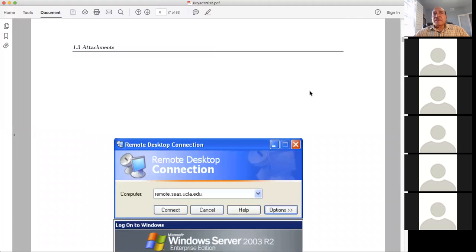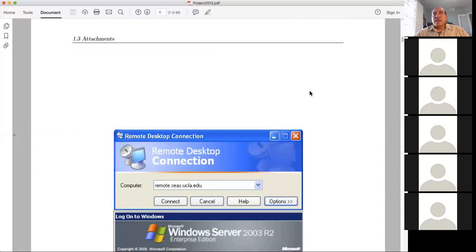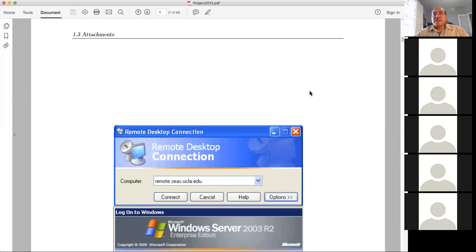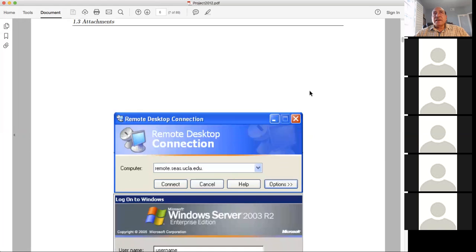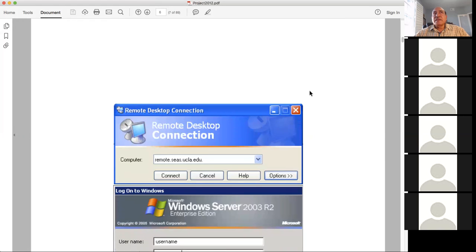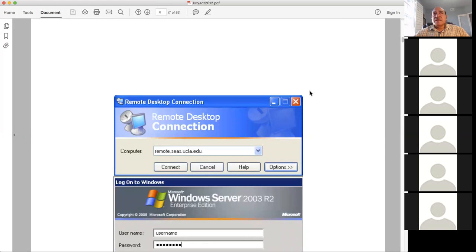Then you have to establish an account in CSNet. CES is the School of Engineering and Applied Science. Once you establish the account, then you can access the remote desktop connection.